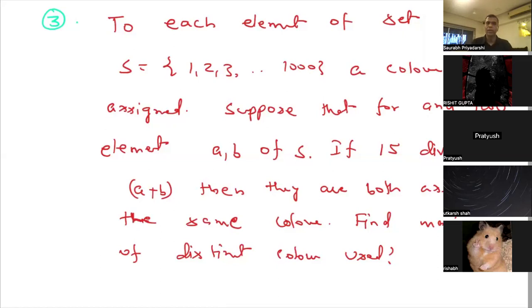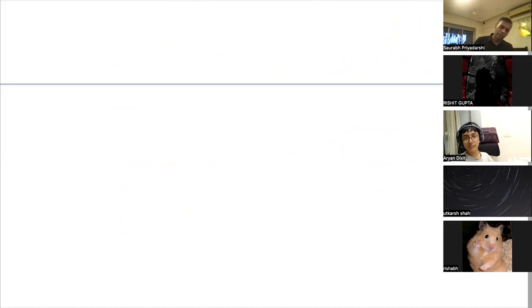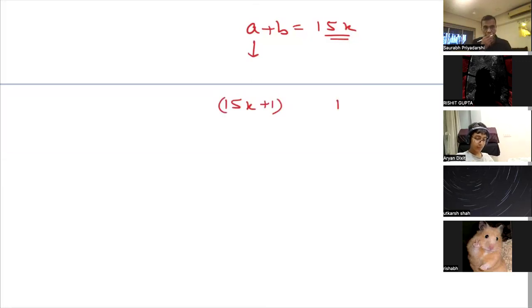Okay, not bad. I use the same technique. It's a simple pigeonhole principle. The question is saying that A plus B is equal to 15 or a multiple of 15, so A plus B is nothing but 15K. So if one of the numbers is 15K plus 1, obviously the other number must be 15K minus 1.